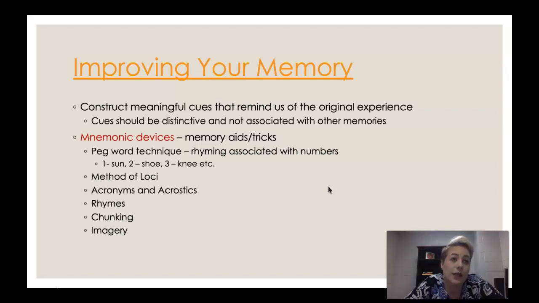Acrostics are going to be like, please excuse my dear Aunt Sally. So we remember those meanings in those terms for the math order of operations, right? We're doing that by giving it a word association, and each letter is going to begin with one of the processes for the order of operations. Please, parentheses, exponents, multiply, divide, add, and subtract.